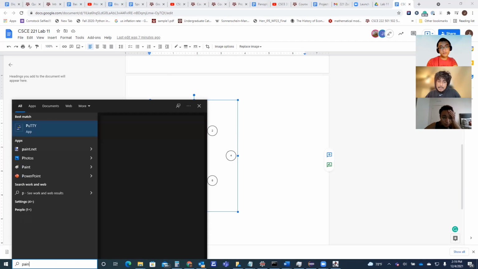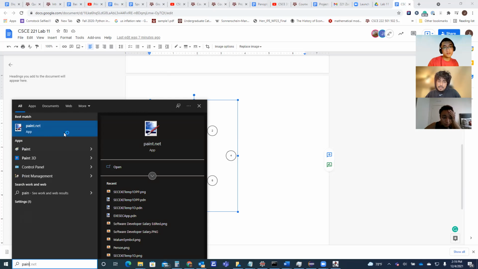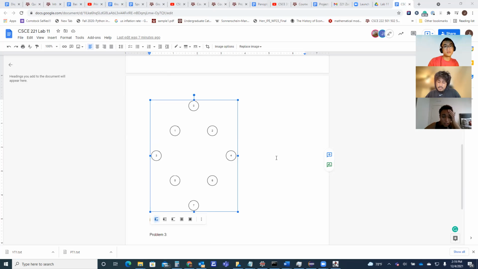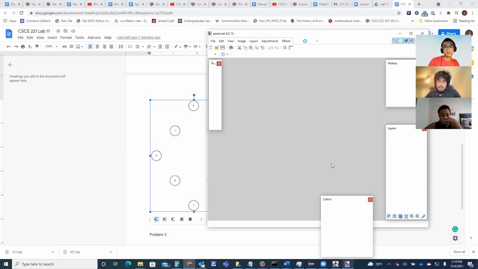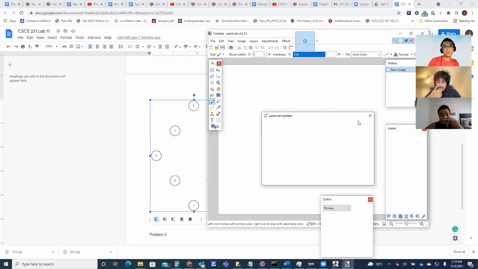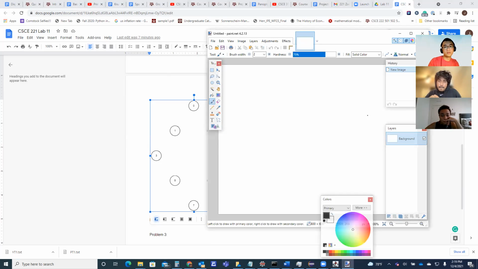Let me see if I can do that, because there are some other problems where we have to draw stuff. Okay, so I can copy this into paint.net.